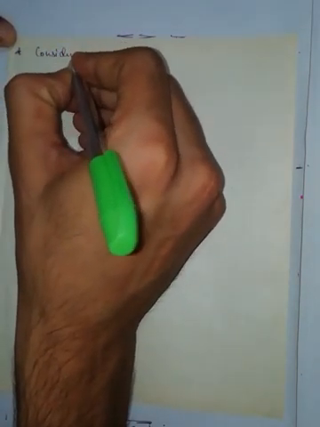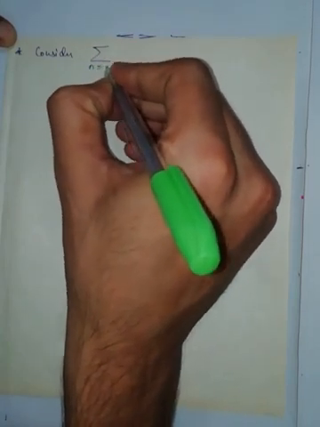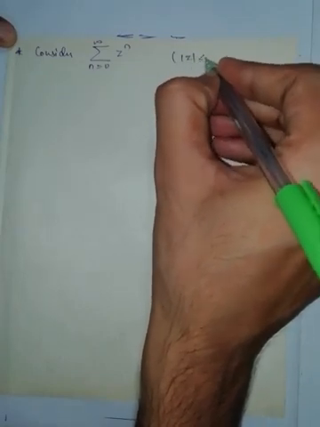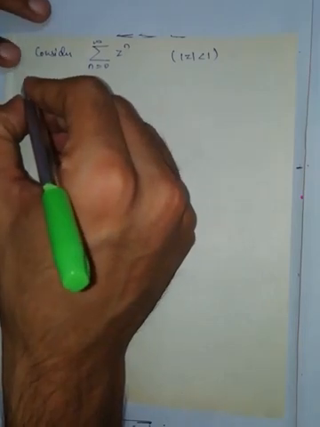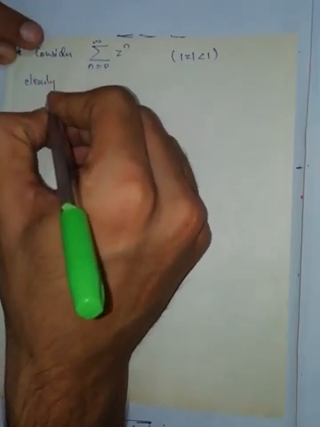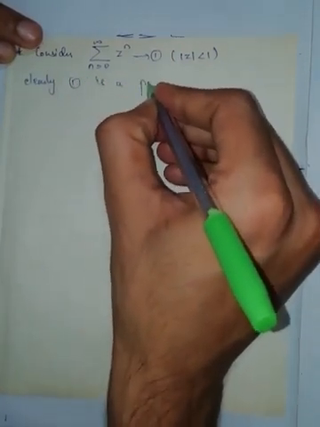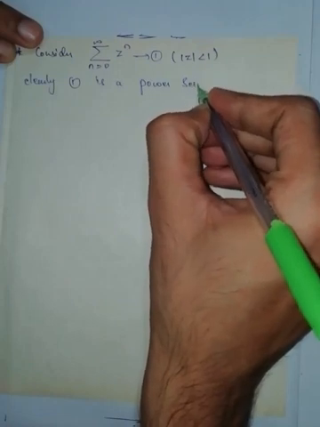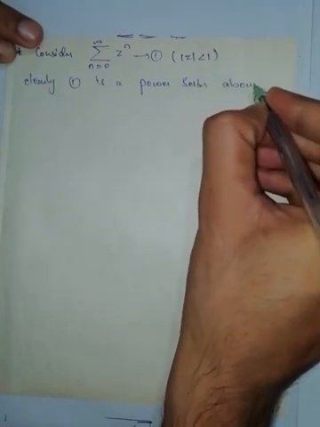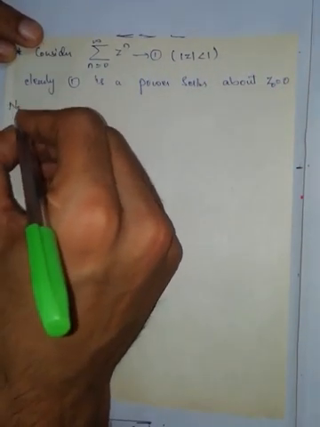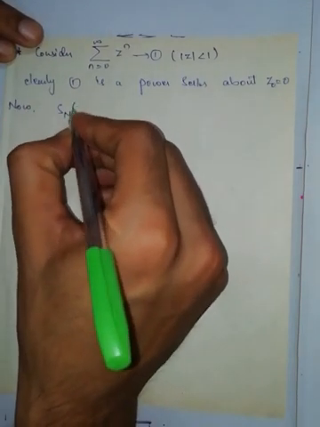Consider summation n is equal to 0 to infinity z to the power of n, where modulus of z is less than 1. Clearly, equation number 1 is a power series about z naught is equal to 0. Now, what is S_n of z?